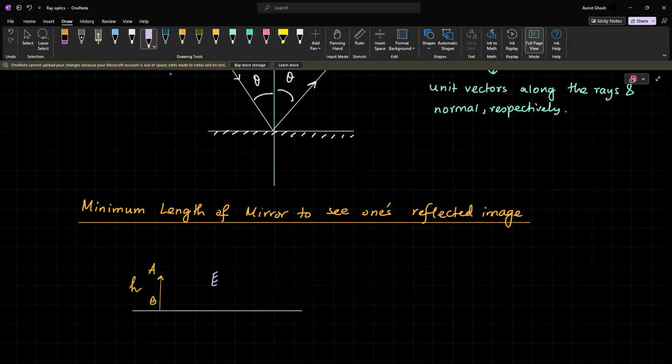Okay, it should always be half of the height of the man.